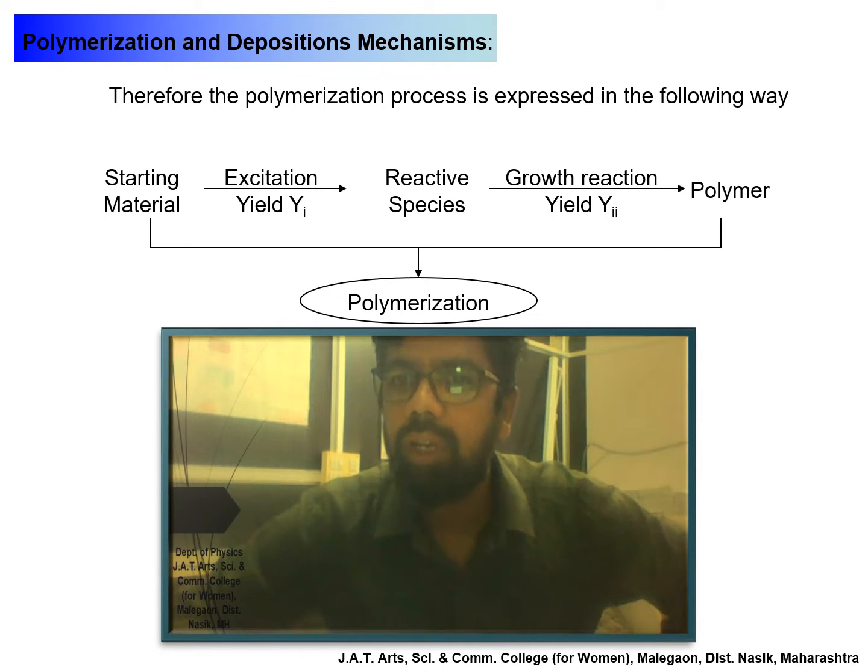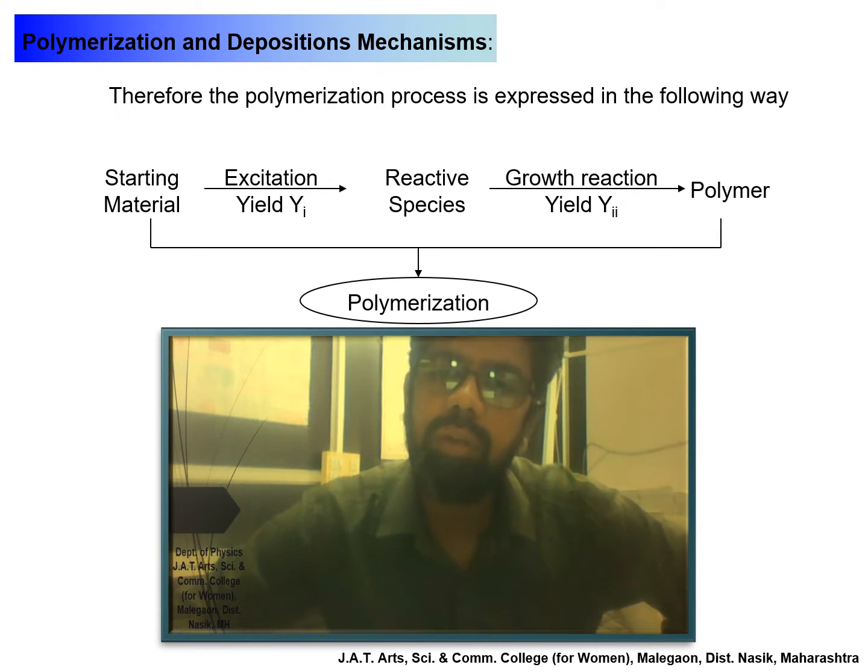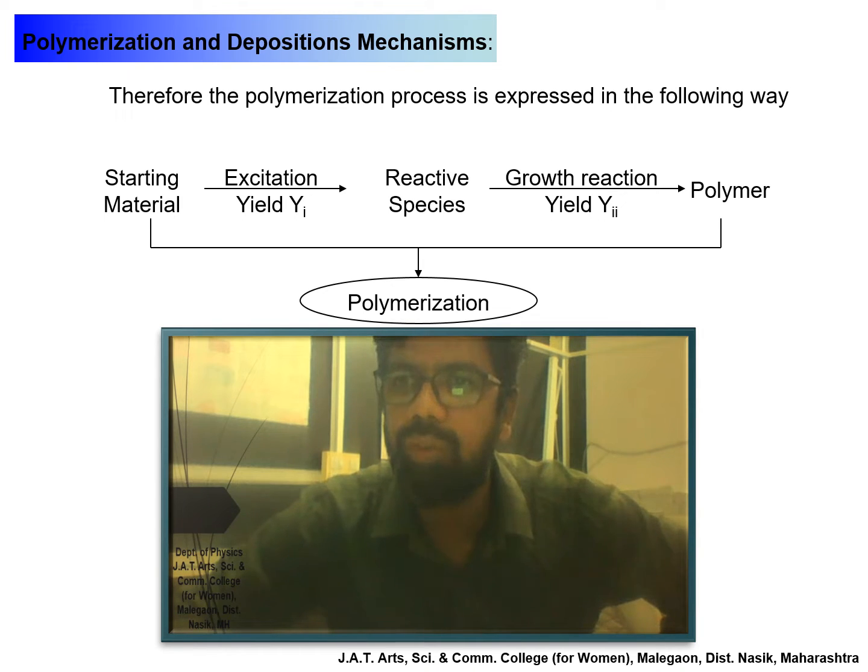After this, in the reactive species, there is a growth process in the presence of plasma. And after the growth process, either chain growth or step growth polymerization, there is a polymer film, and this process is called the polymerization process.